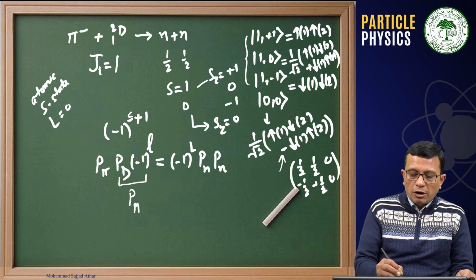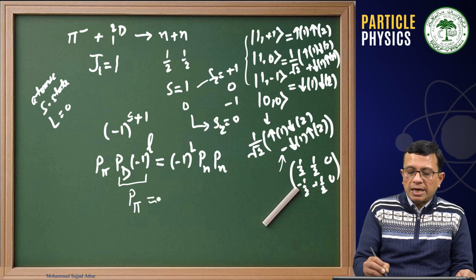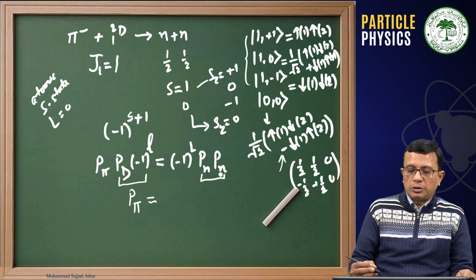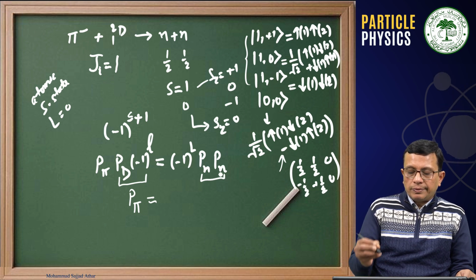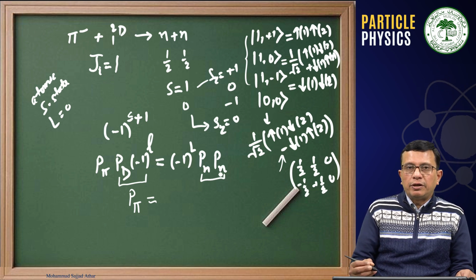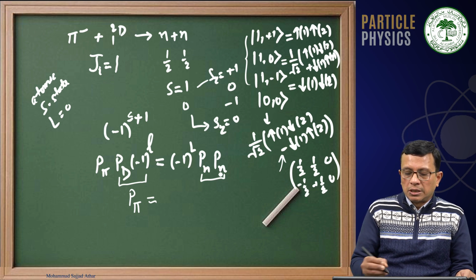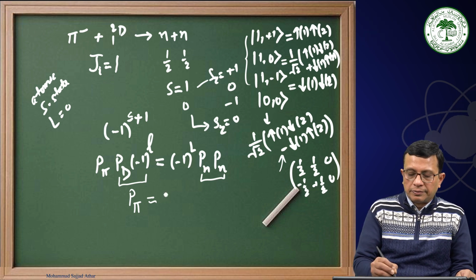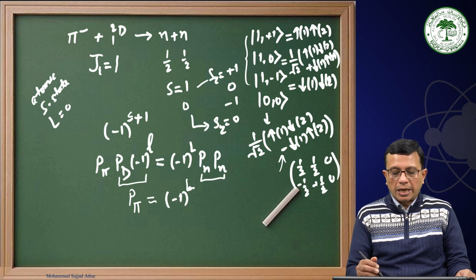Therefore the parity of pion, on the right hand side we have these two neutrons, and we take the parity of neutron to be even, and since there are two neutrons, it will always be positive, and the factor that we have is (-1)^n.